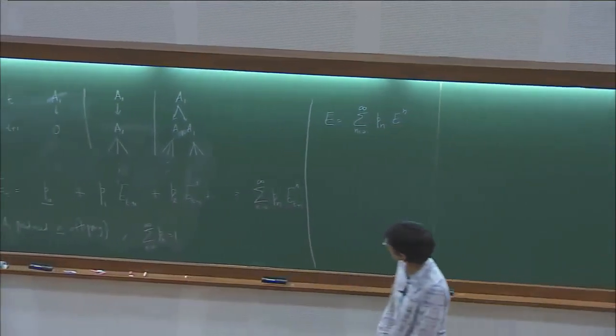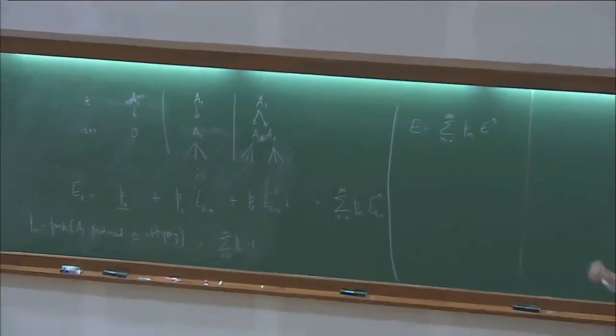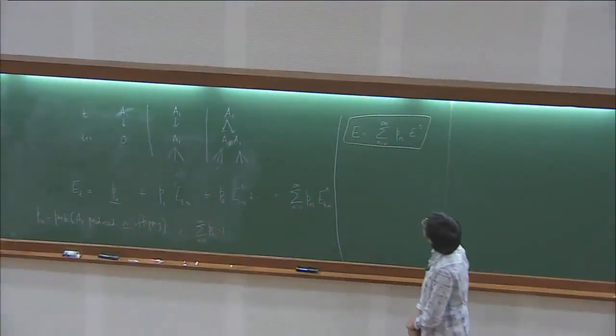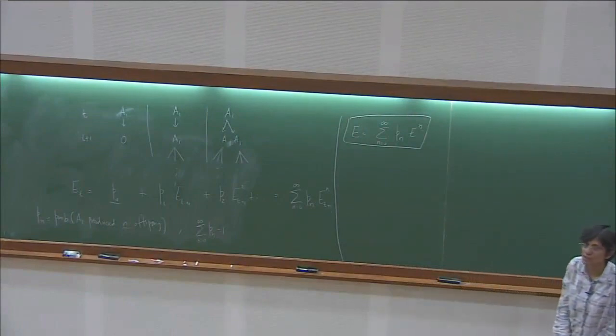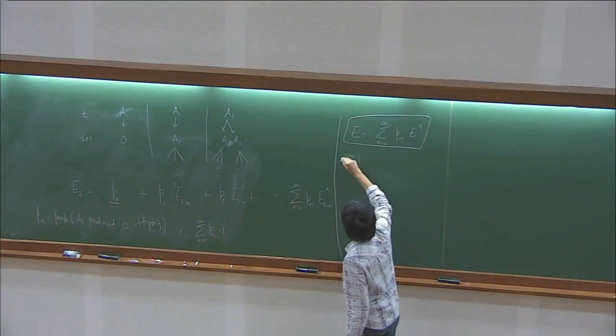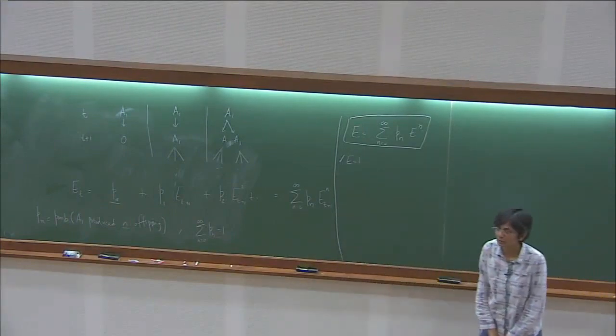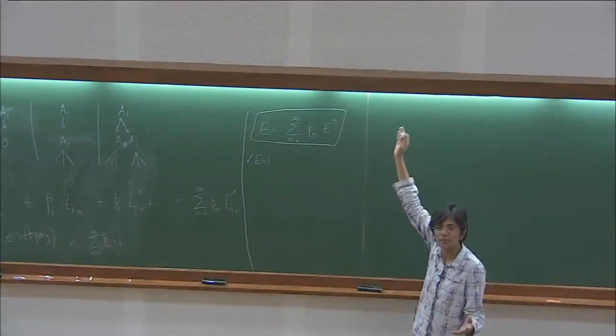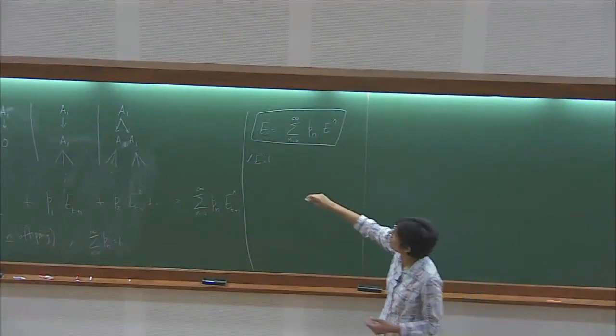First thing is that E equal to 1 is a solution of this equation. Right? I mean, first of all, it's a nonlinear equation, right? E square, E cube, till infinity, right? Okay, E equal to 1 is a solution. That means that A1 got extinct with probability 1. Are there other solutions?